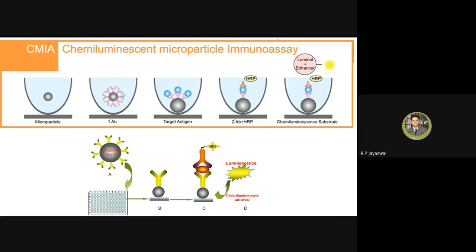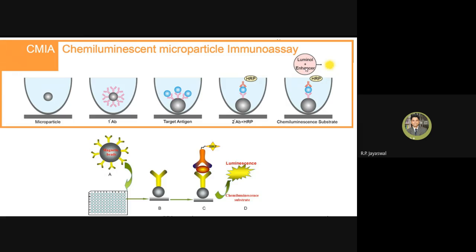Then this is the target antigen, the sample antigens, which bind to the antibodies attached to the microparticle. Now we add the secondary antibody which is labeled with HRP, horseradish peroxidase. And after that we add the chemiluminescence substrate.